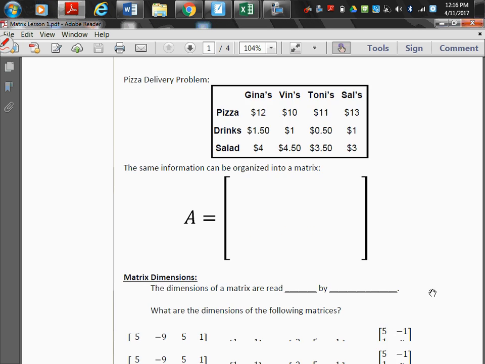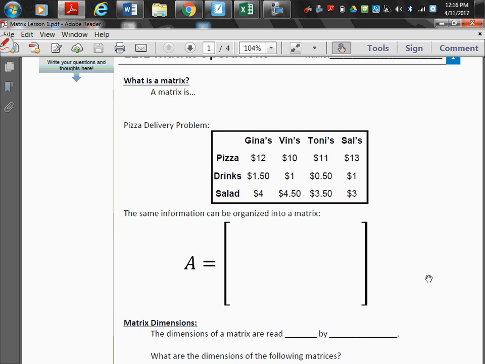So you start with element 1, 1. That's a 12. Element 2, 1. And all you're doing is putting your numbers in the same spot. You're getting rid of the names and the food.